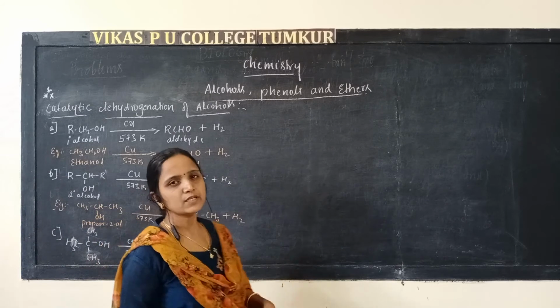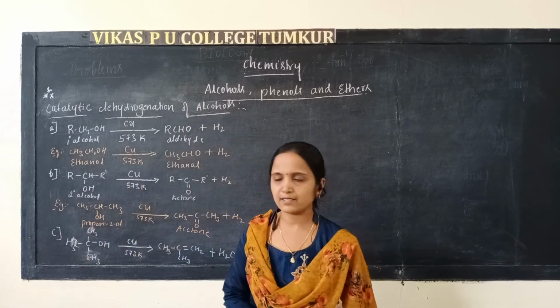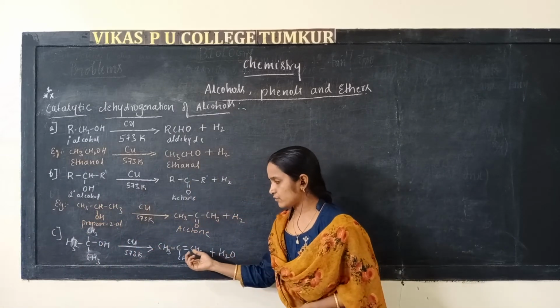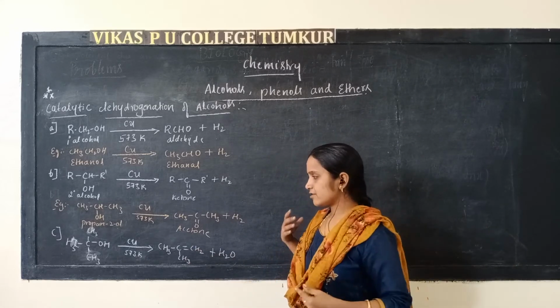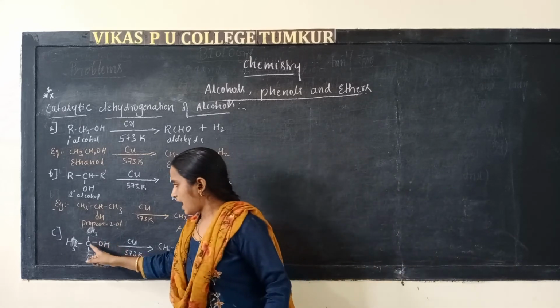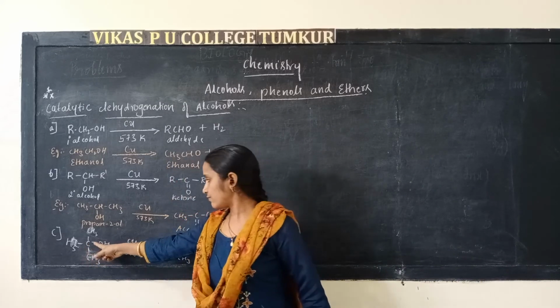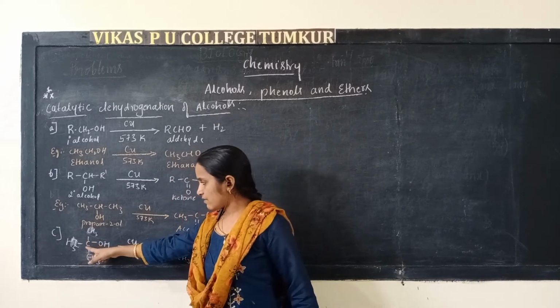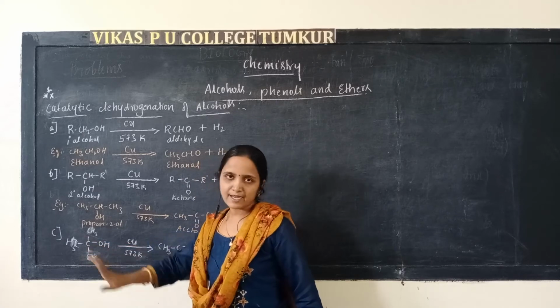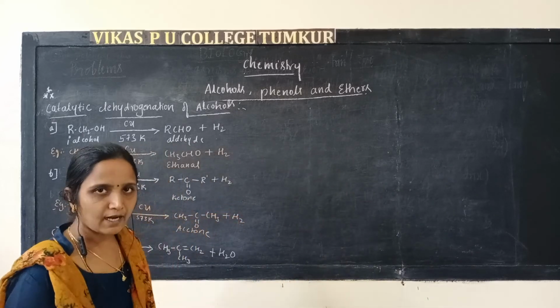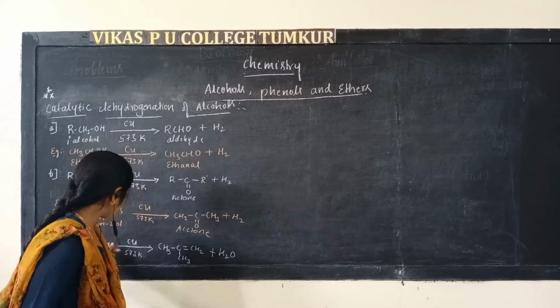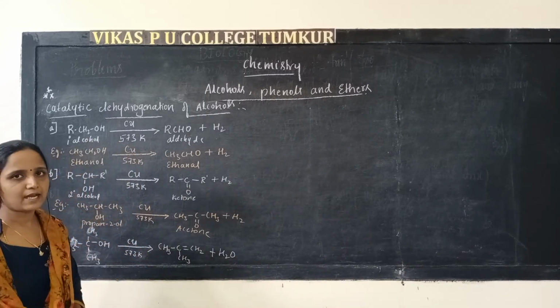Instead, they undergo dehydration, which means removal of water. Why dehydration instead of dehydrogenation? Because of the absence of the alpha hydrogen. The alpha carbon does not contain any hydrogen.